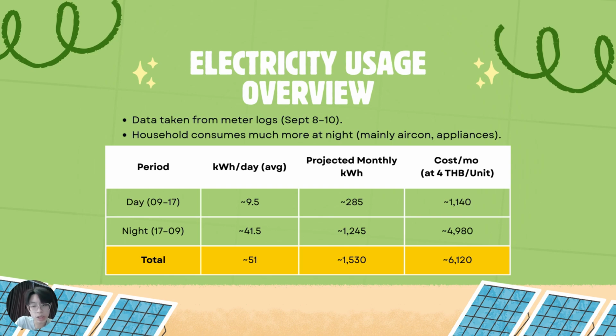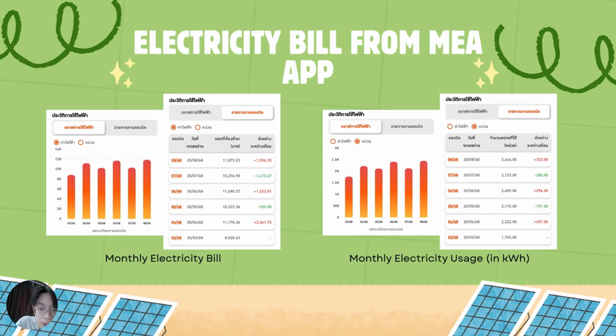And if you look closely at the number right here, it says that my house is using 1.5 kilowatt hours and 6k Thai baht. But as you can see here, there's a difference of almost half for the Thai baht and also for the unit. This is because there is an external factor that affects it directly.